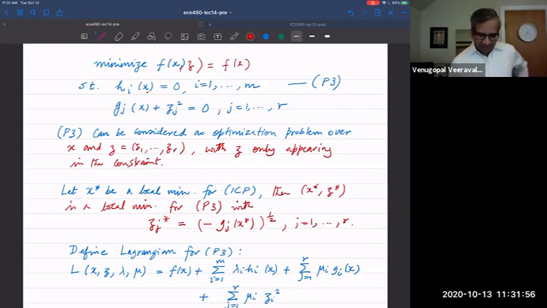If I do that, then with that zj thrown in there, all these equality constraints will be met.